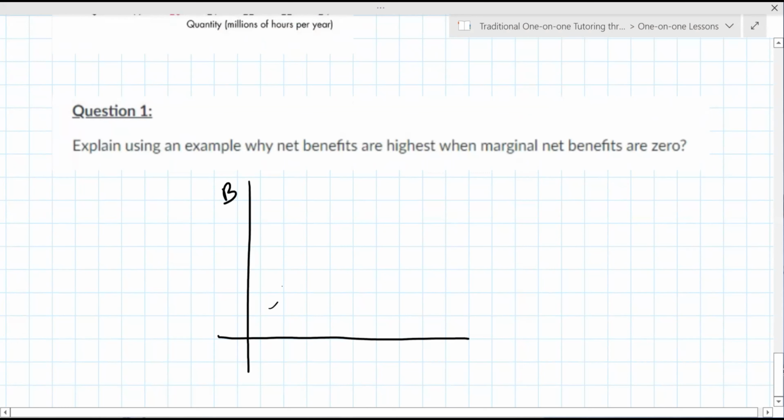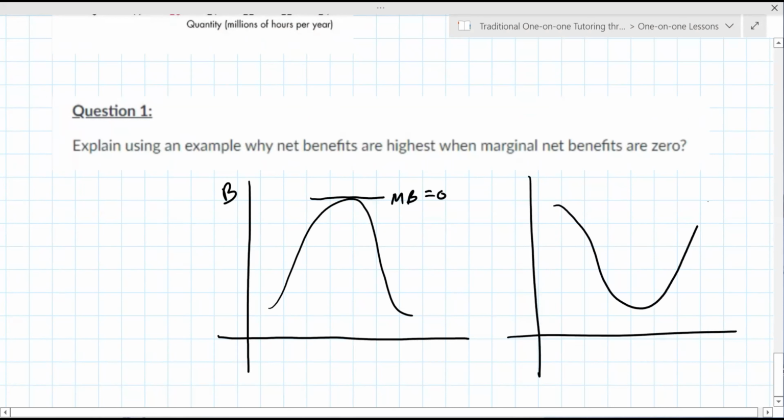Either the curve goes up and down, and right up here marginal benefits equal 0 because it's the tangent curve. Or I actually don't know what shape this goes, or if it comes down like this, marginal benefits are 0 down here. Let me go look at that. Oh, so it can be the lowest point as well. Yeah.